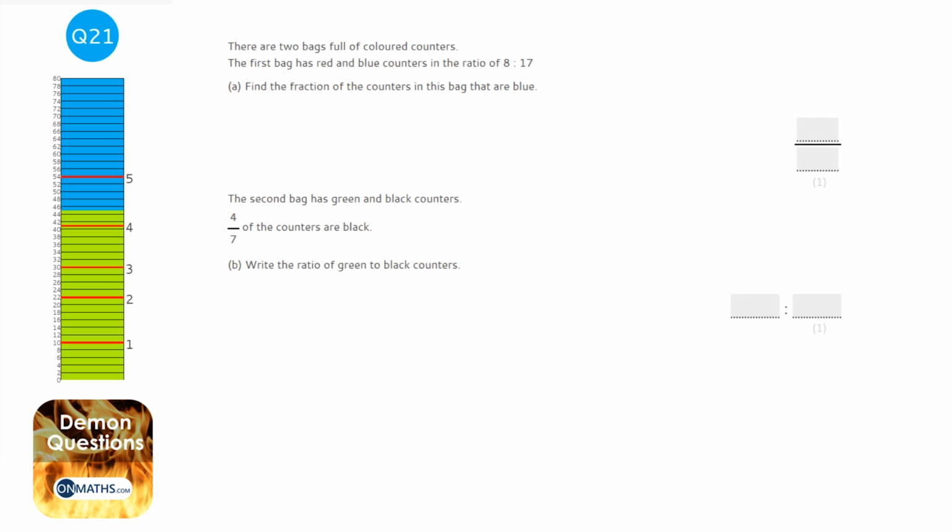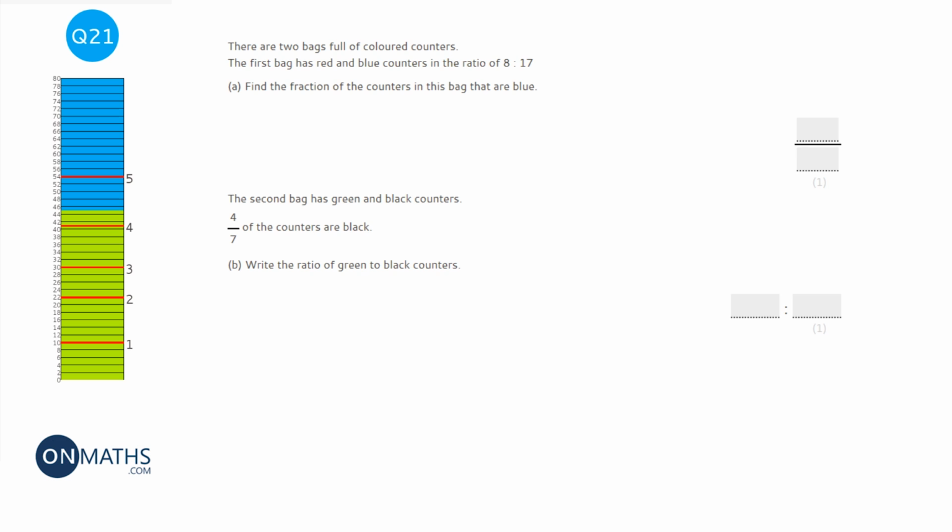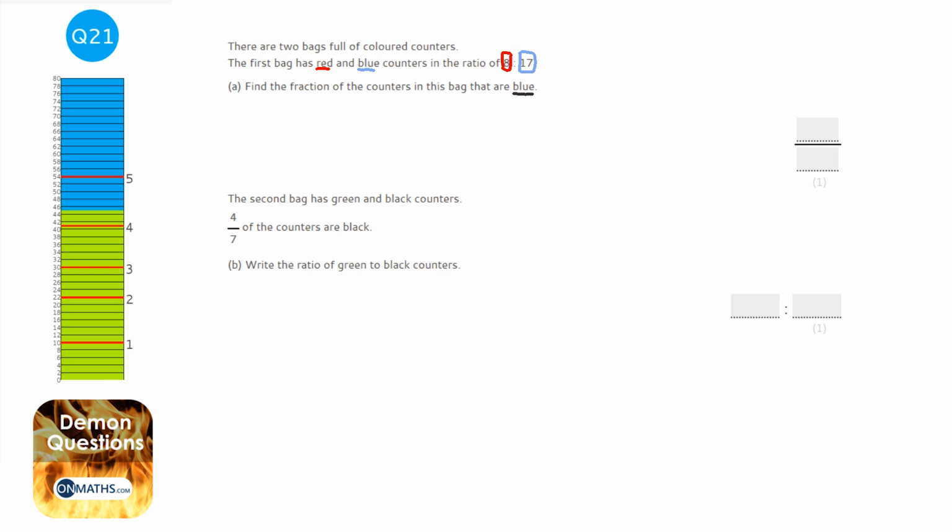It's important that we're comfortable with converting between ratios and fractions. So having a look at this question, red on the first one is 8 and blue is 17. So for every 8 red there are 17 blue. And it's asked us for the fraction that are blue.